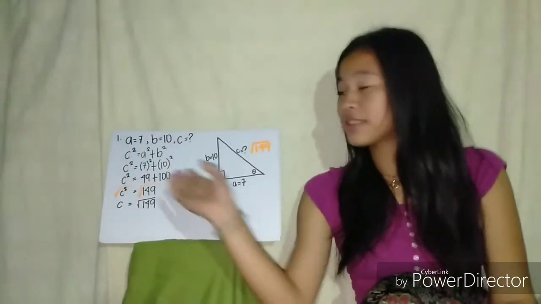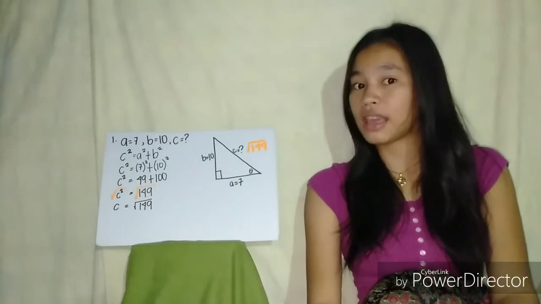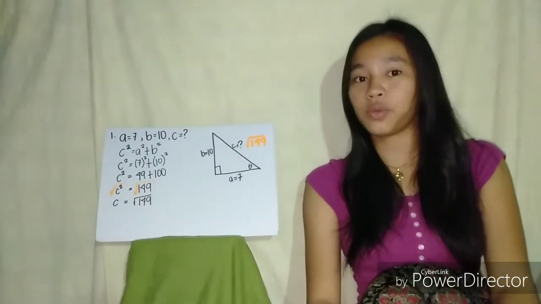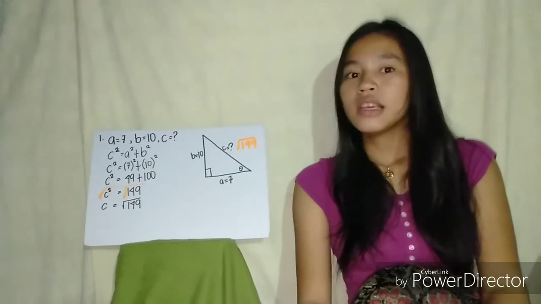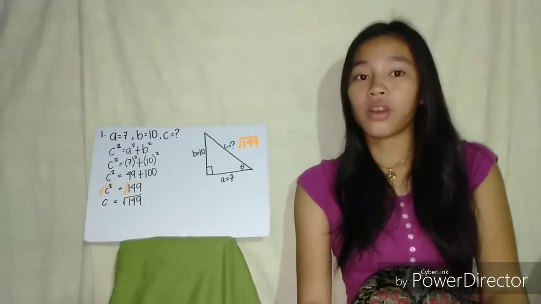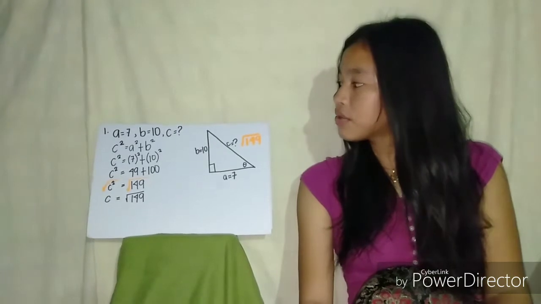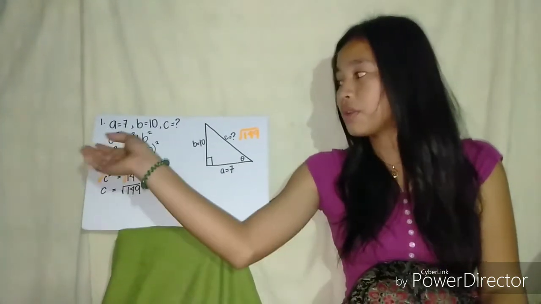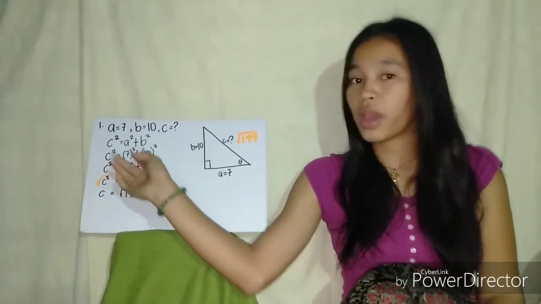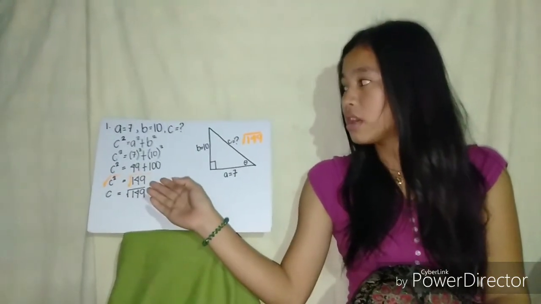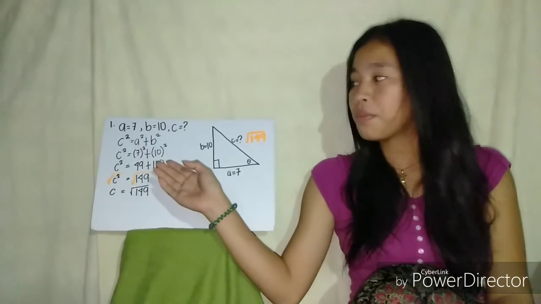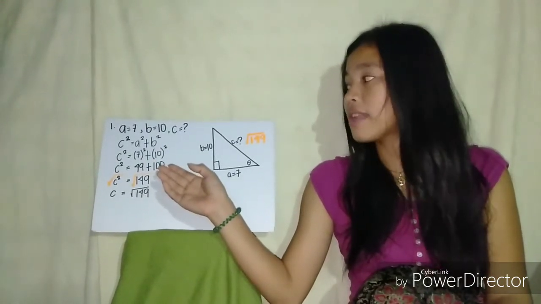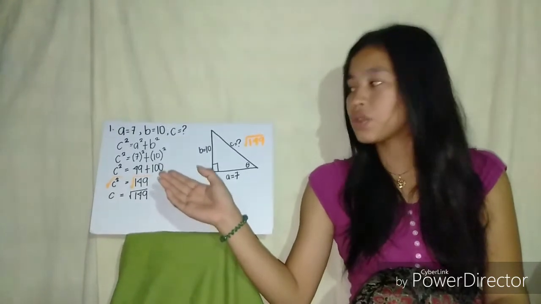So this is the first example. The given is A equals 7, B equals 10, and we will find the value of C. Based on the Pythagorean theorem, we can find the hypotenuse using the formula C squared equals A squared plus B squared. Since we already have A and B, we just need to substitute.